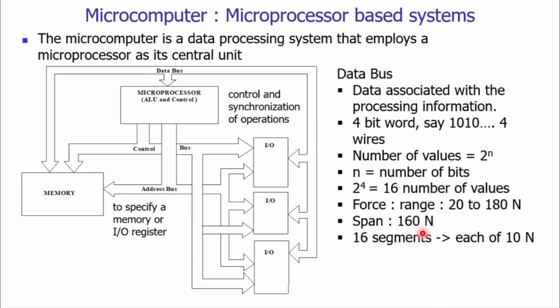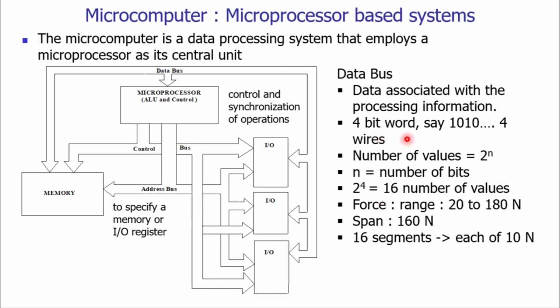The span would be 160. As the number of values are only 16, we can have only 16 segments of the span. So the 16 segments of the span can be handled by this microprocessor or the embedded system. Each segment may have 10 Newton of the capacity.